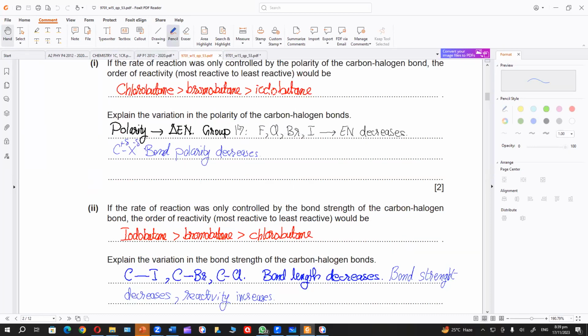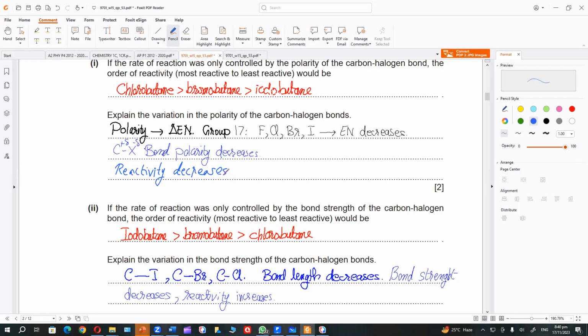In the previous case, we should say that reactivity decreases. Why does the reactivity decrease in the previous part?